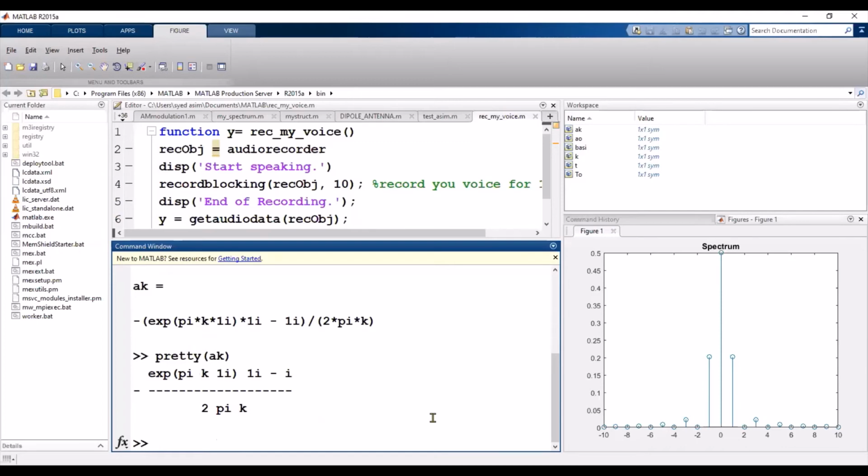Now what I need to do is calculate the value of the complex amplitudes.